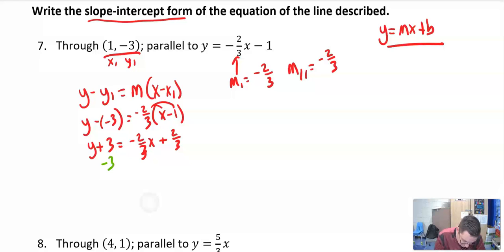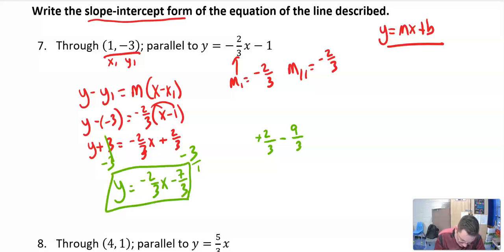I need to subtract the 3 across, so y is equal to -2/3 x, positive 2/3 and -3. So if you forget how to deal with fractions, remember we need a common denominator. And so 3 over 1 will become 9 over 3. And so that's going to give us minus 7/3. That's the final answer here. Again, if you struggle with fractions, come talk to me, but we've got to be able to work with these at the high school level, okay?